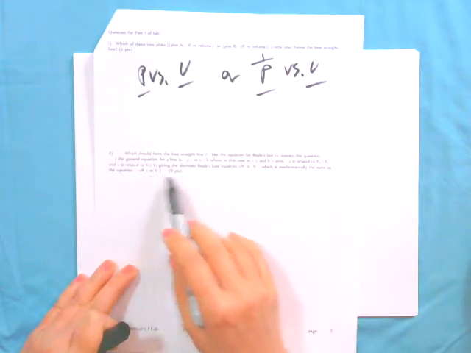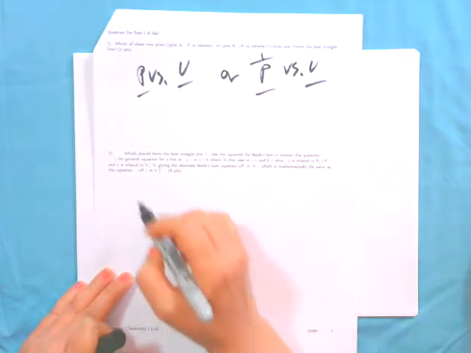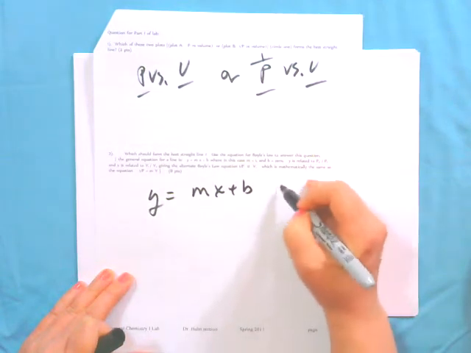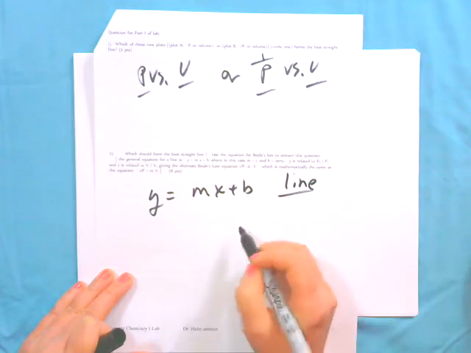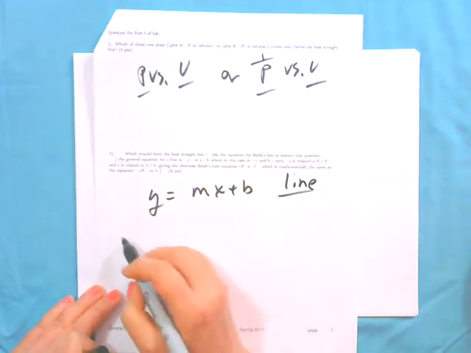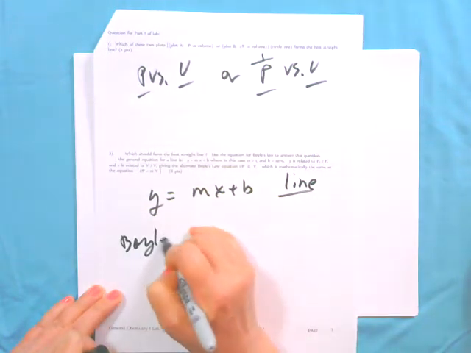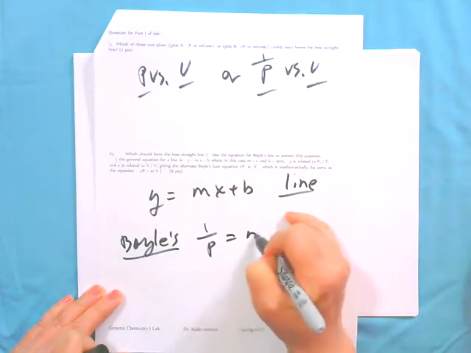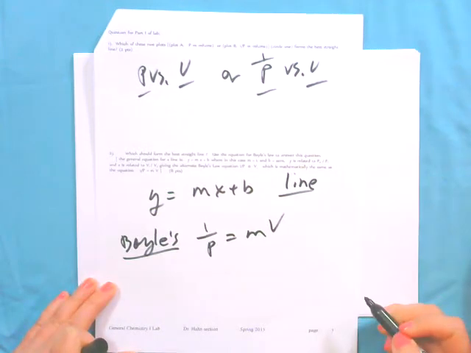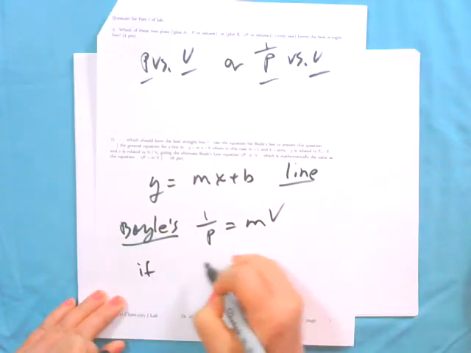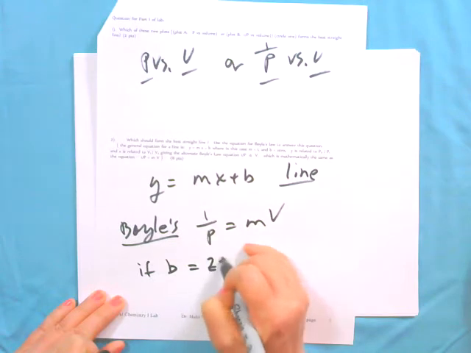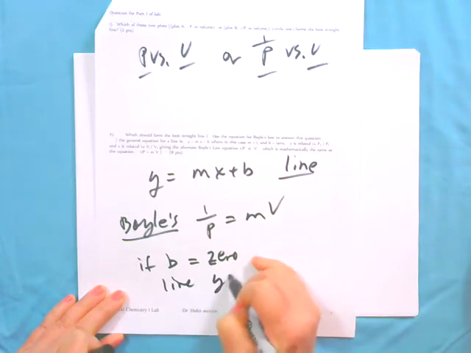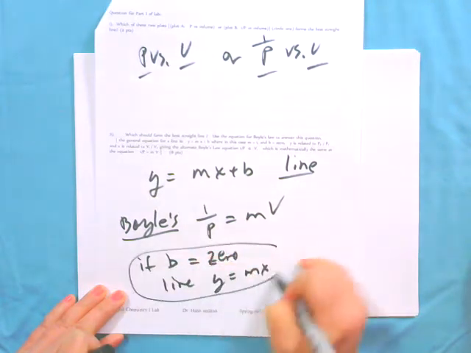Now my suggestion is that you read what it says here. And what it says here is something along the lines of y = mx + b is a straight line. And our equation for Boyle's law gives you the equation 1/P = m times V. And if b is equal to 0, your equation for a line would be y = mx.